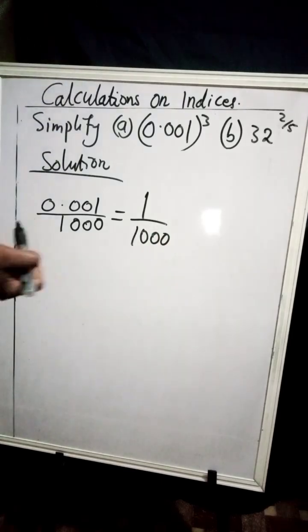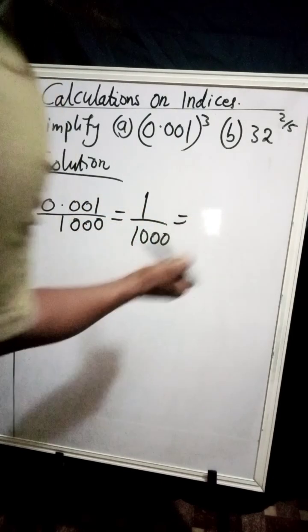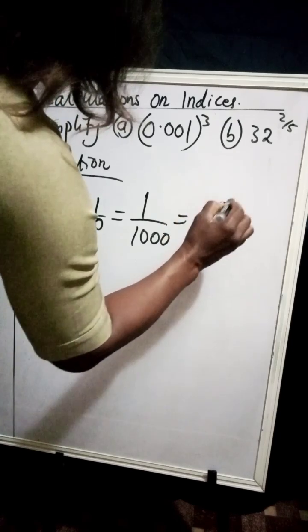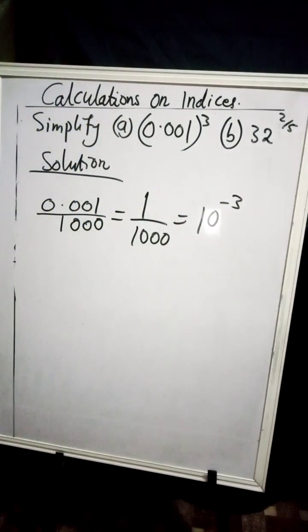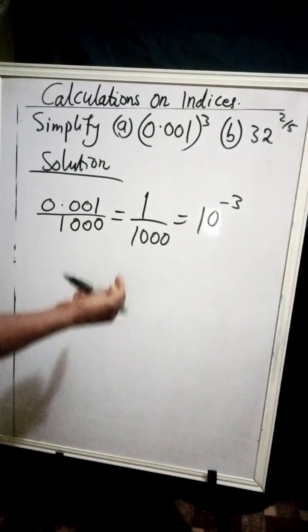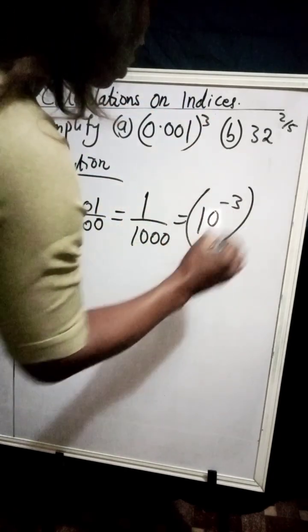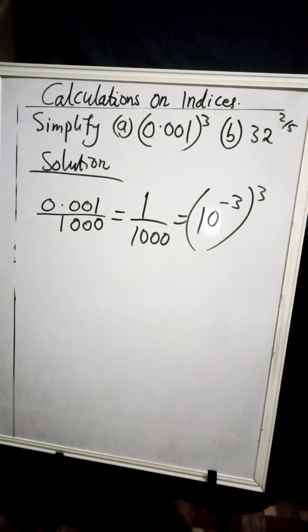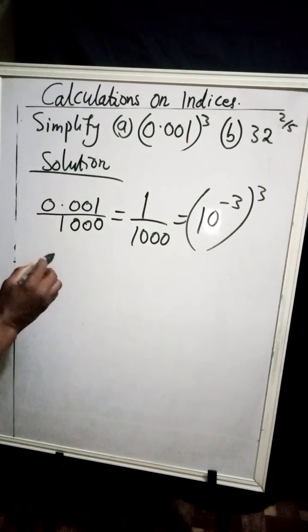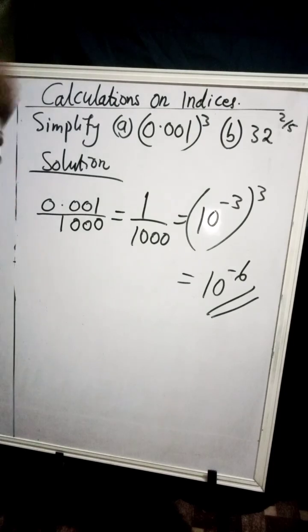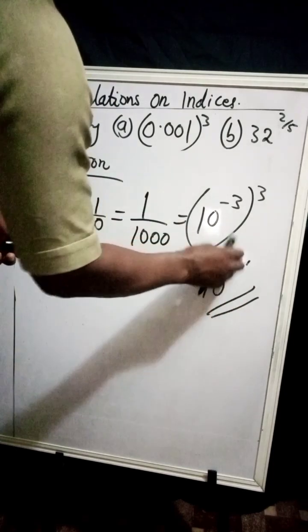And 1 over 1000, when this comes up, remember, it will now be 10 to power negative 3. So if this is 10 to power negative 3 and we have power 3, it will mean this. And that will now give us 3 multiplied by negative 3, which will give us negative 9.